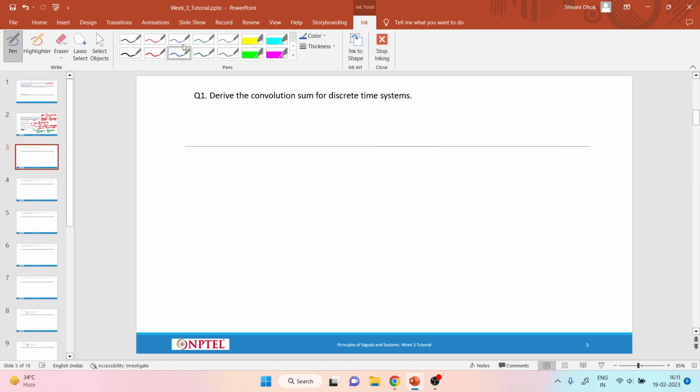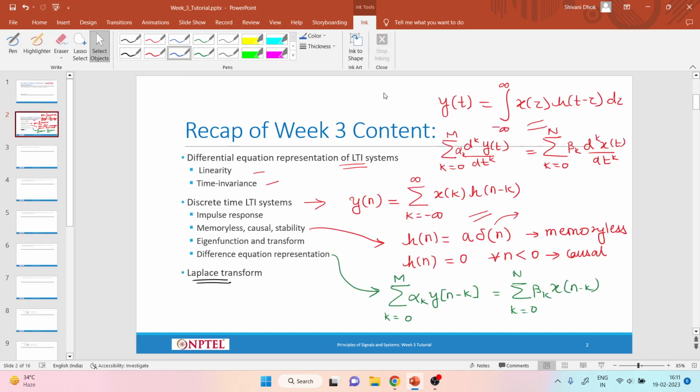And here I am giving a glimpse of how the convolution sum for discrete time systems is derived. In the lecture, the input output relation of the continuous time system was properly derived, but we'll try to see how we get this summation using the same concepts that were used to derive this equation.